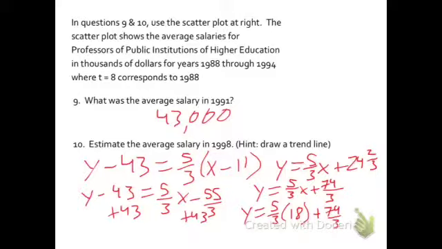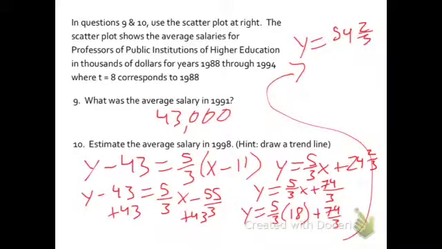And if you do that, you're going to get y equals 5 times 18 divided by 3, which is 30, plus 74/3. That comes out to 54 2/3, which, if you translate that to the dollars, you're looking at $54,666 for average salary in 98. And that would be all of your assignment.